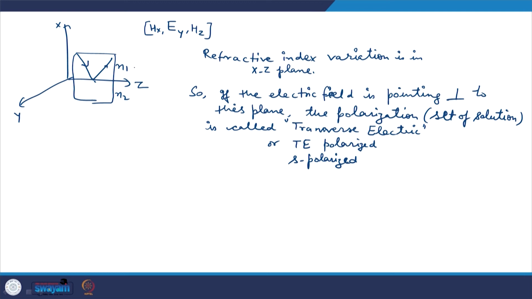So, all we want to find is the transverse direction of the electric field and magnetic field. And what is this transverse direction? This transverse direction is the direction perpendicular to the plane of incidence, subject to the condition that this plane of incidence sees the change in refractive index. That is how you define transverse electric or transverse magnetic.